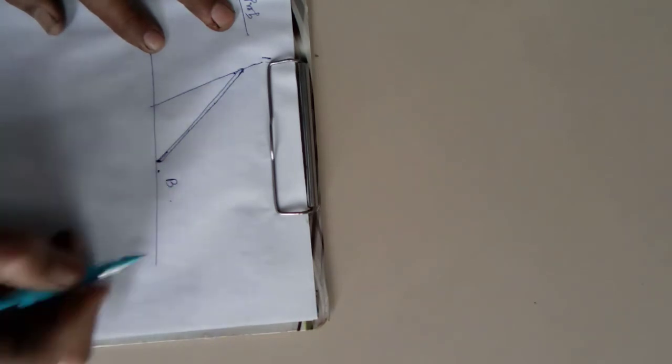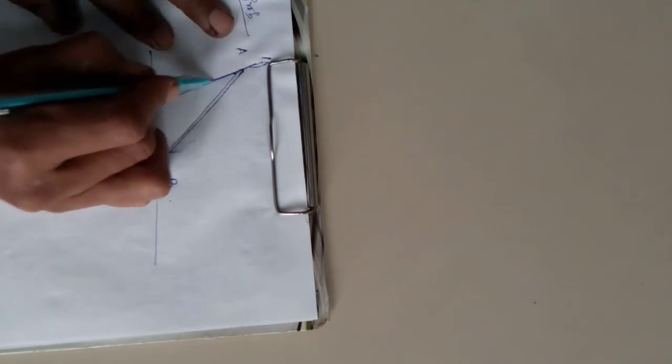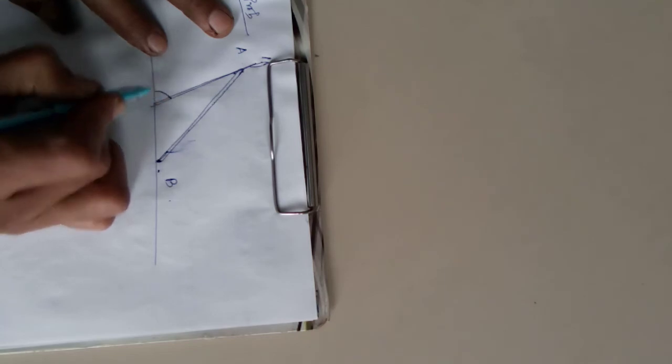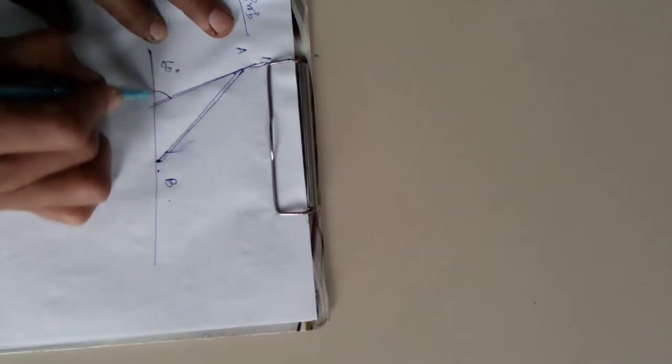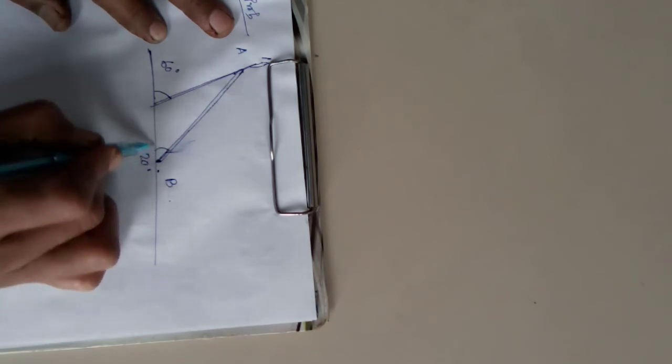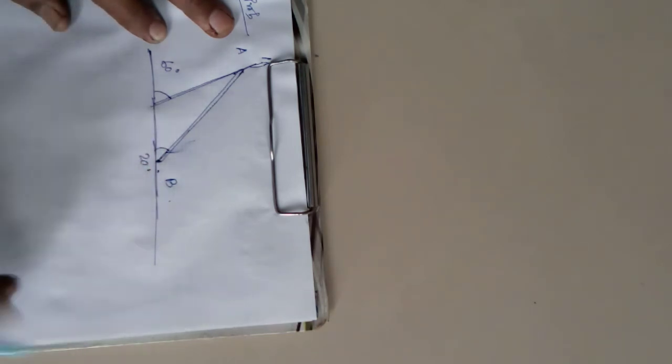One point is at B, another point is at A. So that is a wall. That wall is at 60 degrees with the horizontal axis, and the rod is at 20 degrees with the plane.